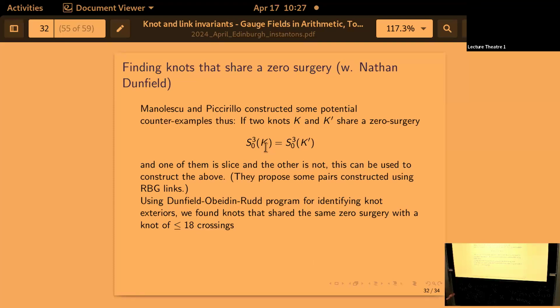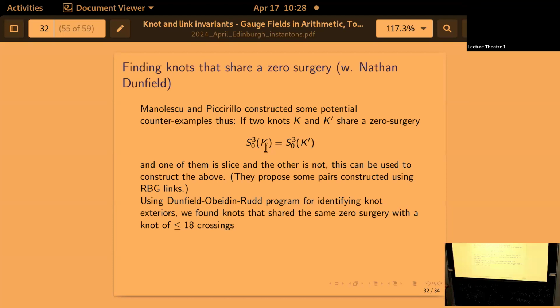Another part of the project is, for each of the knots in our sample of knots of up to 19 crossings, to try to find knots that share a zero surgery with your given knot, and figure out whether the other knot that shares a zero surgery is slice or not.